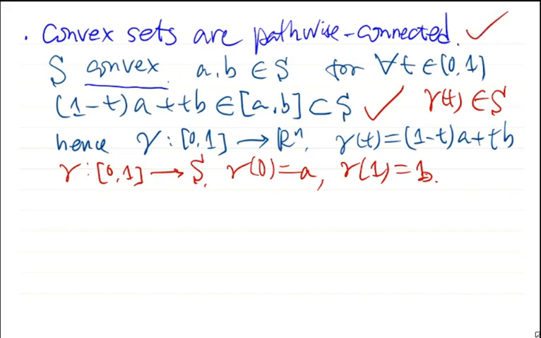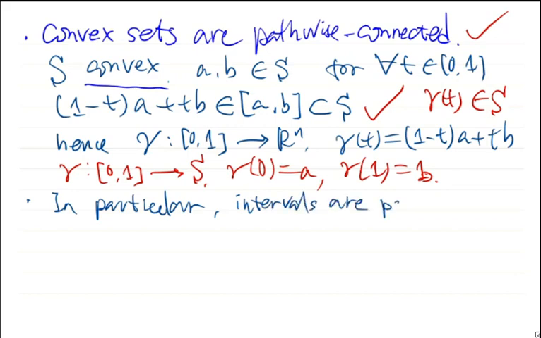Okay, so in particular, intervals are path connected sets in R because intervals in R are obviously convex. In particular, intervals are pathwise connected sets of the one-dimensional Euclidean space.